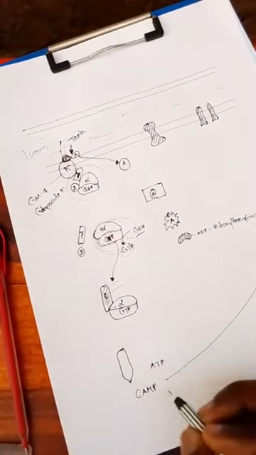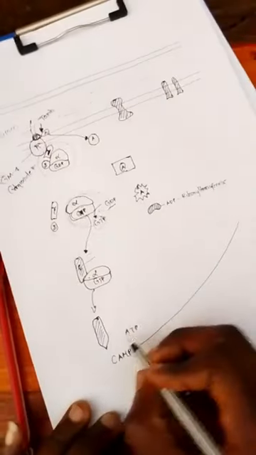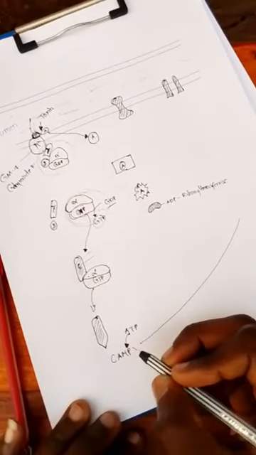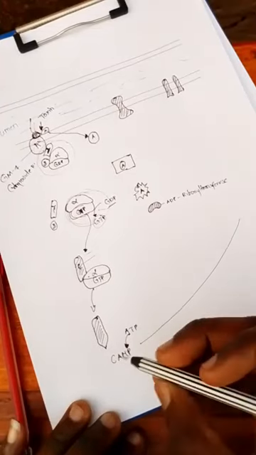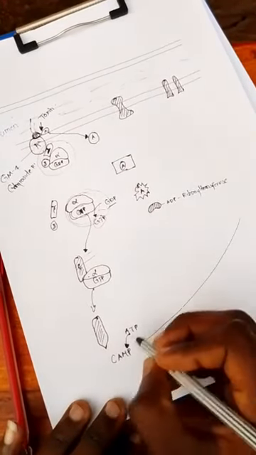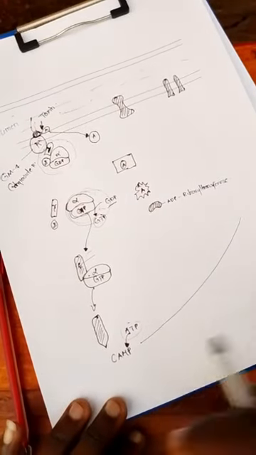When this enzyme is activated, it will start converting ATP into cyclic AMP. So cyclic AMP is basically cyclic adenosine monophosphate. So the ATP will be converted from adenosine triphosphate to cyclic adenosine monophosphate.